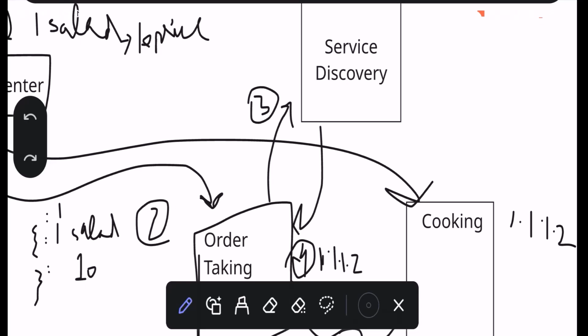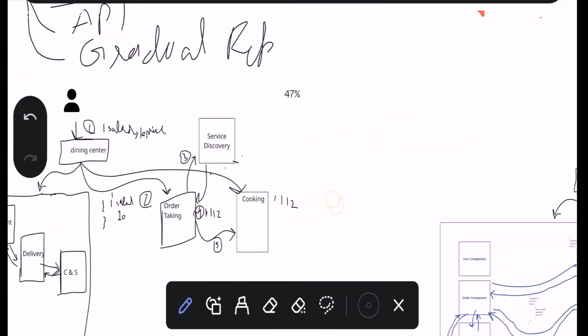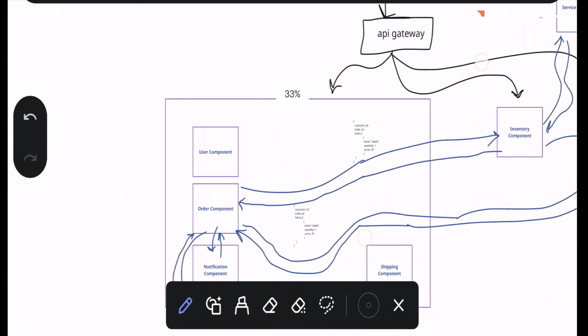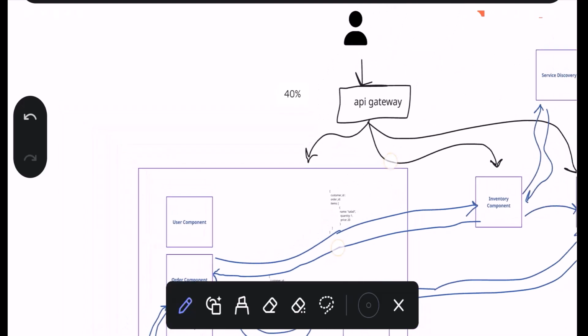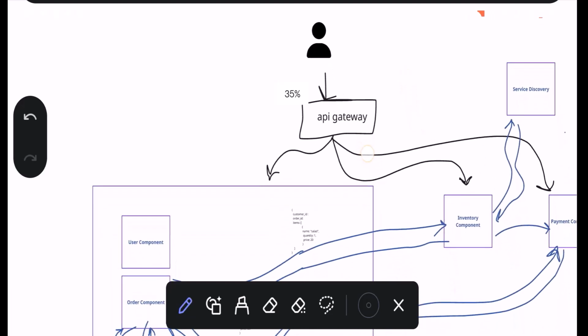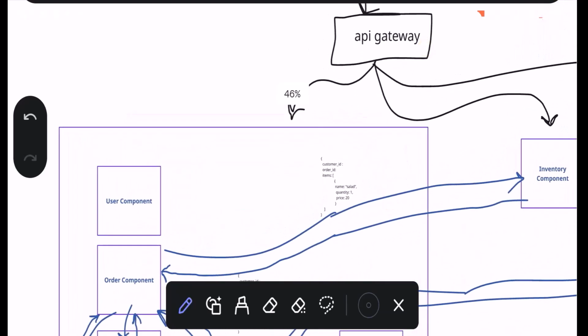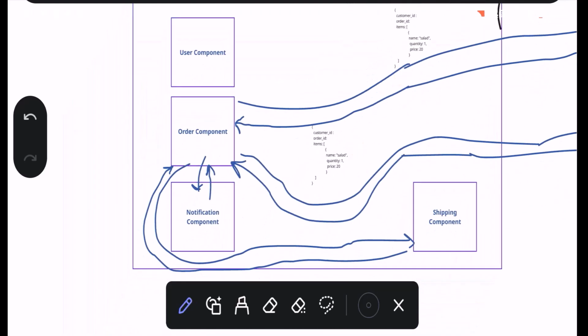Now let's see this service discovery in the software world. Suppose a customer comes and clicks on the buy now button. First of all, the request will go to the payment service, and payment will be created.